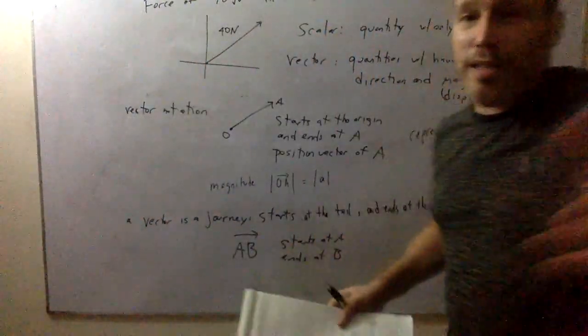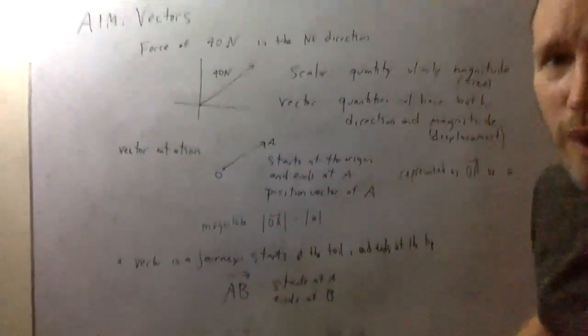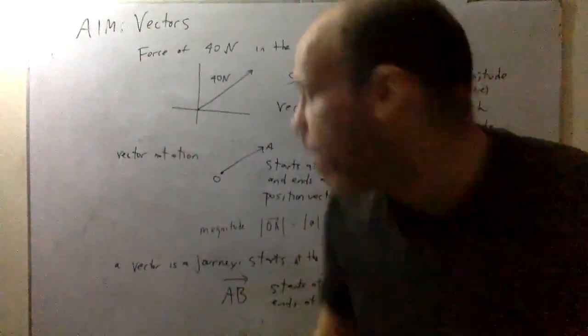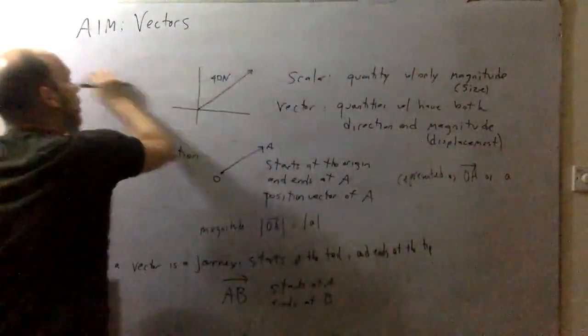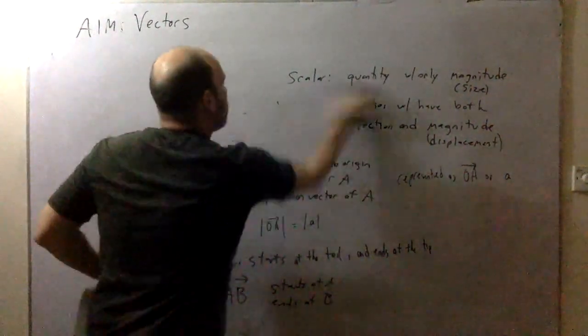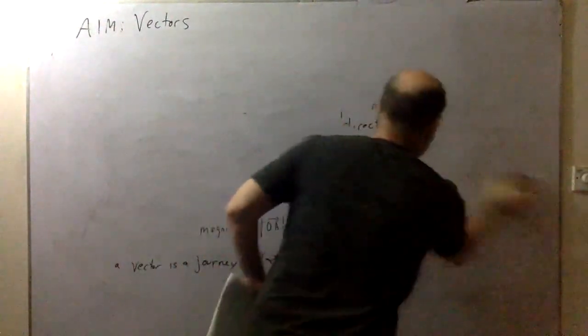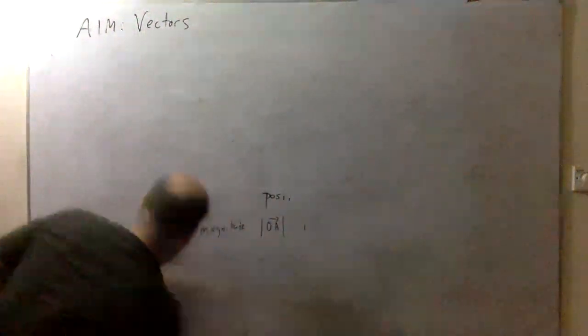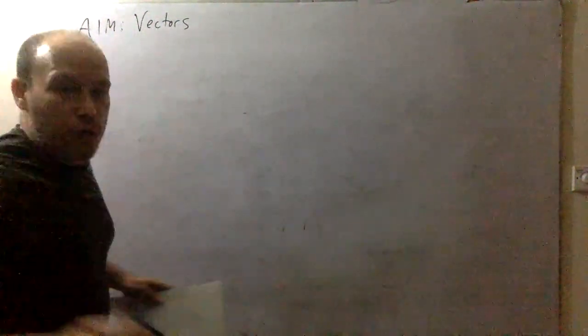Let's go through the grades. The question is, when are two vectors equal?